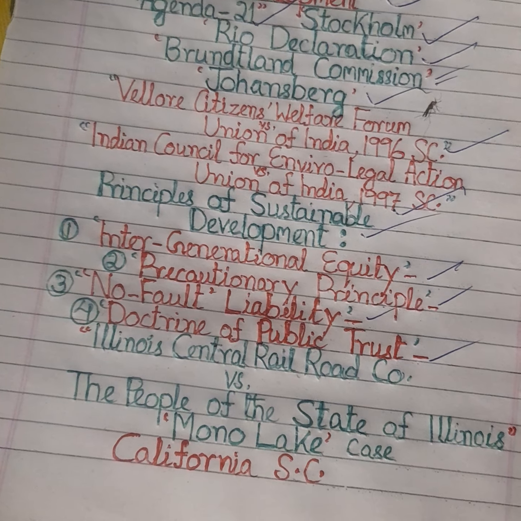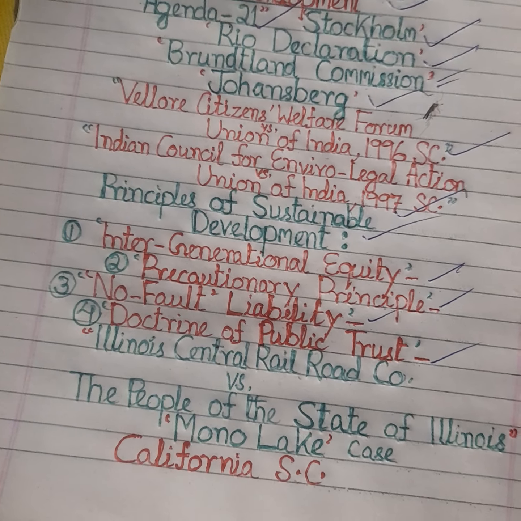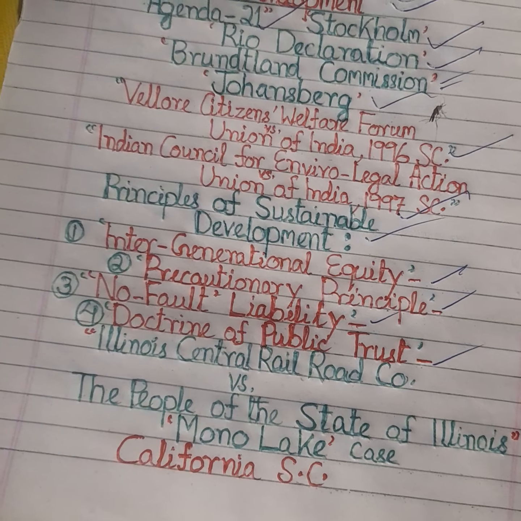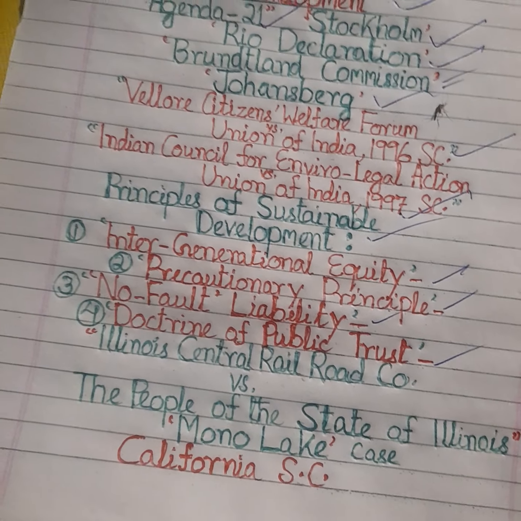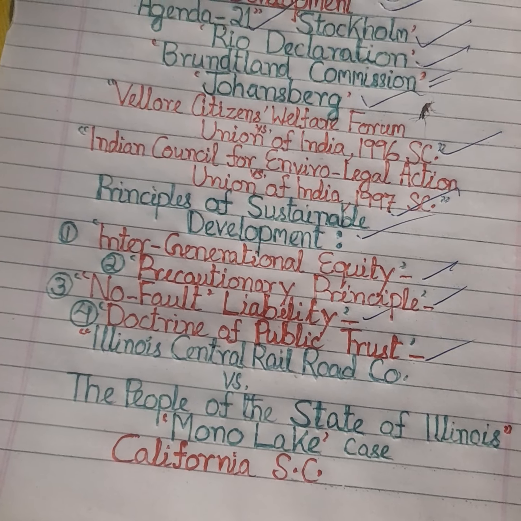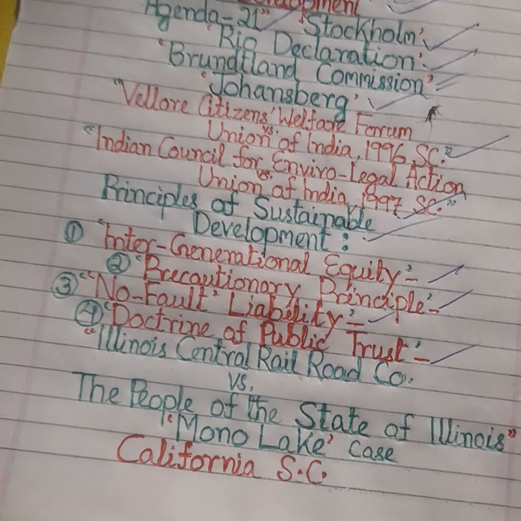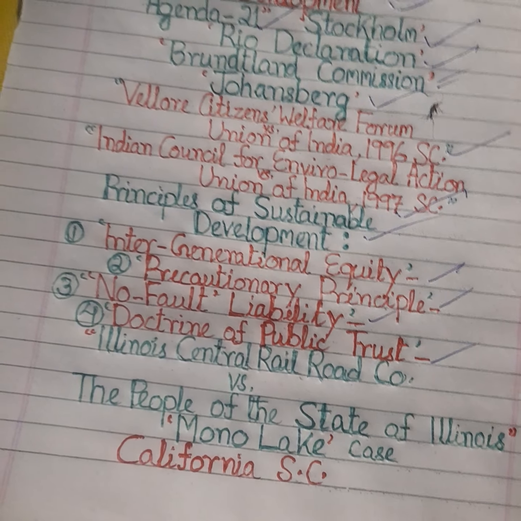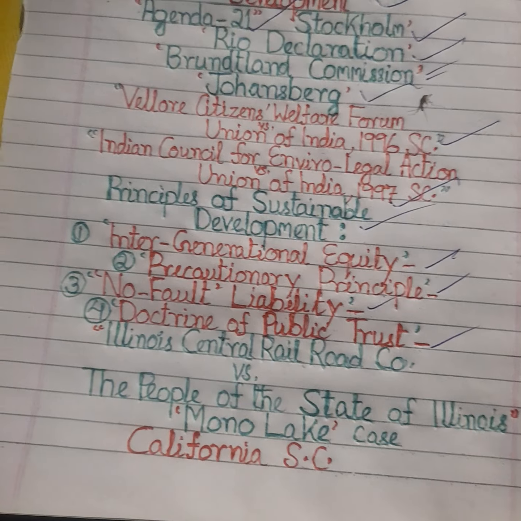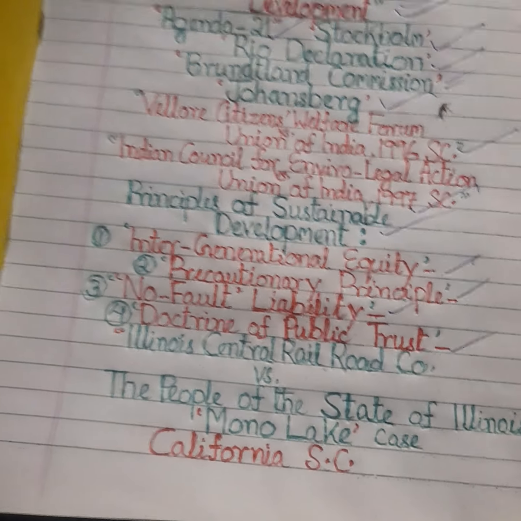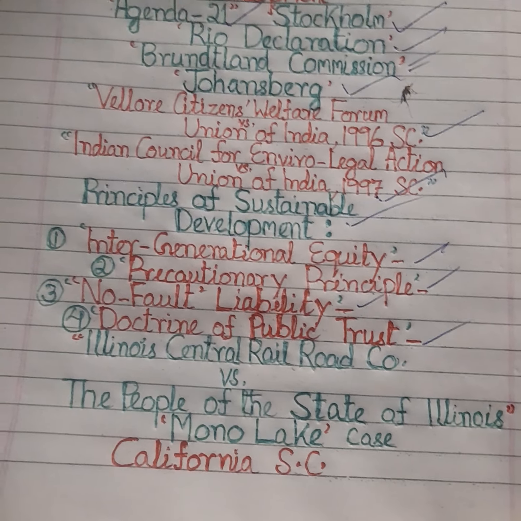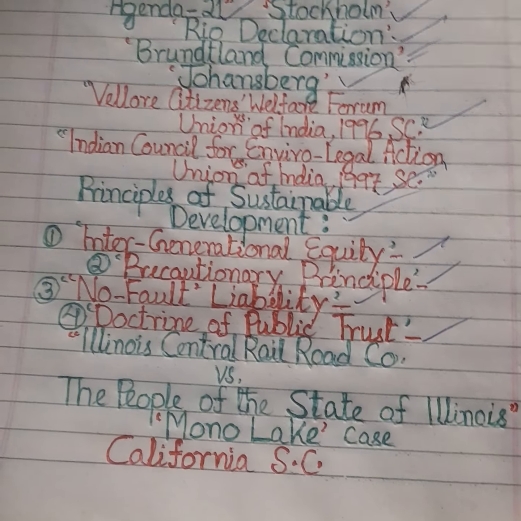In response to the decisions of the Supreme Court, the central government enacted the Public Liability Insurance Act of 1991, the National Environment Tribunal Act of 1995, and the National Green Tribunal Act of 2010.